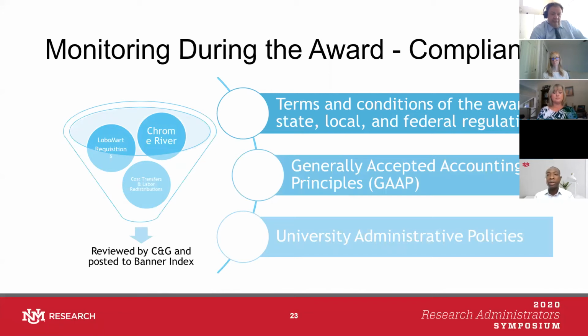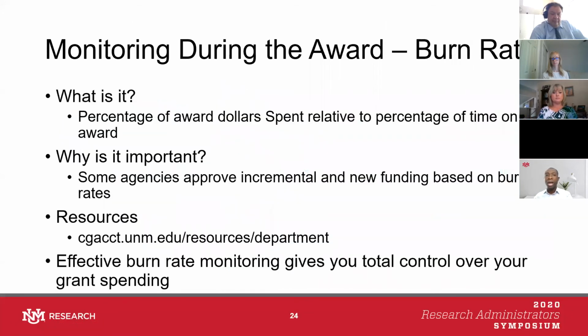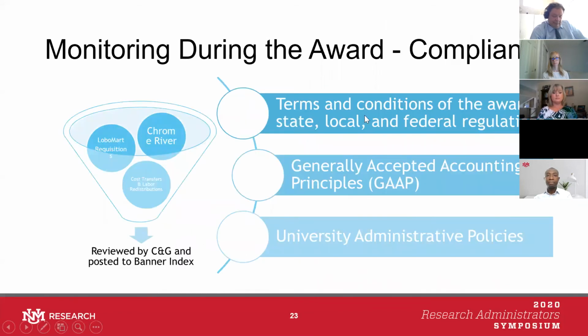Ideally, we want to make sure that we are consistently applying the terms and conditions as stated in the award and any applicable state, local and federal regulations, that we are using generally accepted accounting principles in terms of cost allocation to the grants, and that we are following the university's policies and procedures as well.